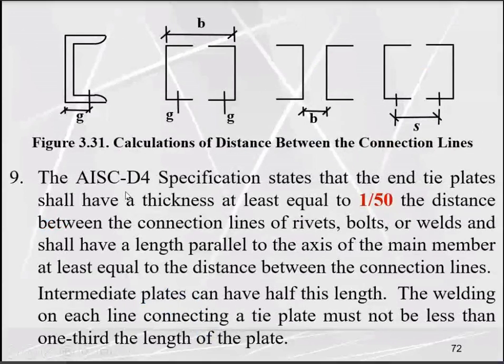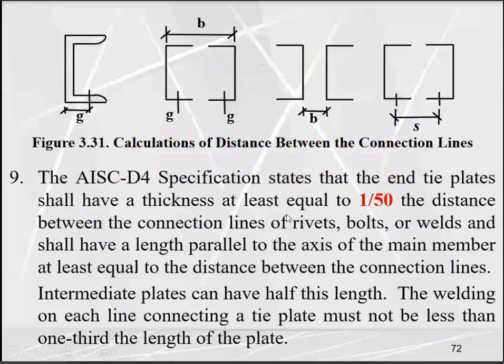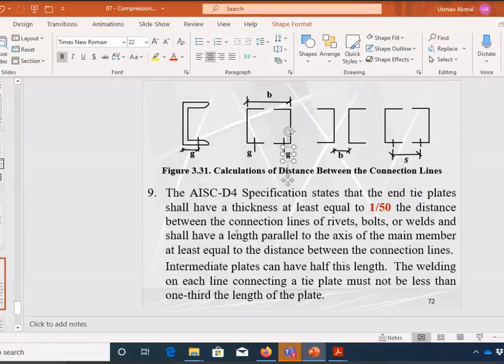So the AISC D4 specification states that the tie plates, yes, we have already covered this, how we will design the tie plates. So the thickness of the tie plate will be kept S by 50. The specification states that the tie plate shall have a thickness at least equal to 1/50 of the distance between the connection lines of the rivets.